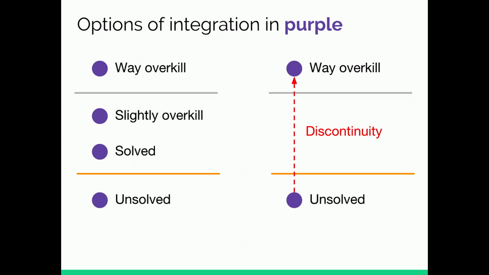One just solves the problem, another is slightly overkill, and another is way overkill. Even though he or she will have to choose between 3 options, this is not bad, because the 3 options are there. A problem would be if there weren't so many options. If there was just a way overkill option to integrate, then you had a huge discontinuity between the unsolved state and the way overkill state.